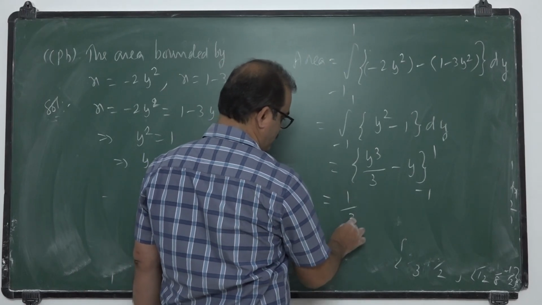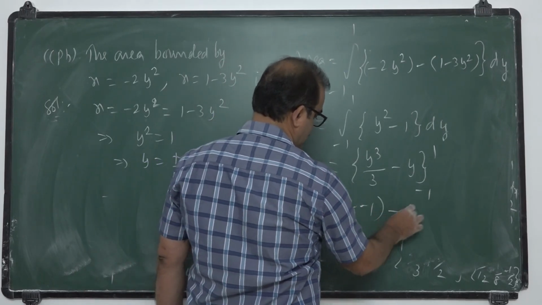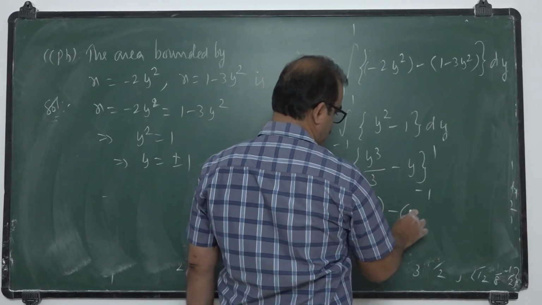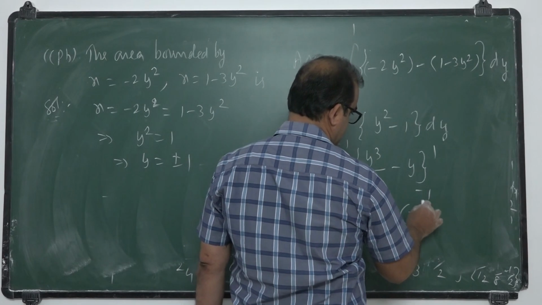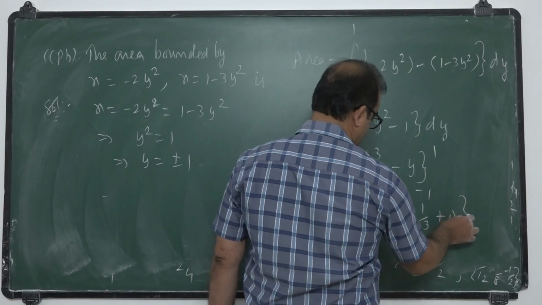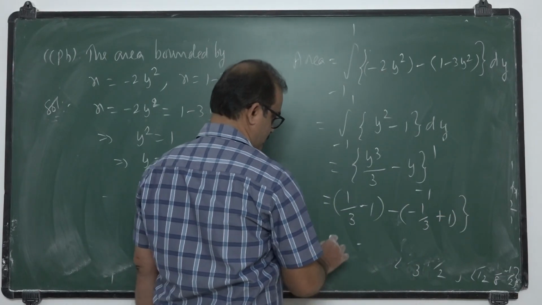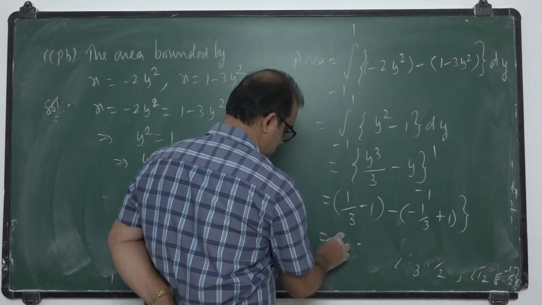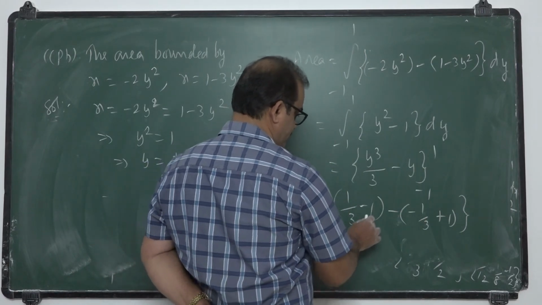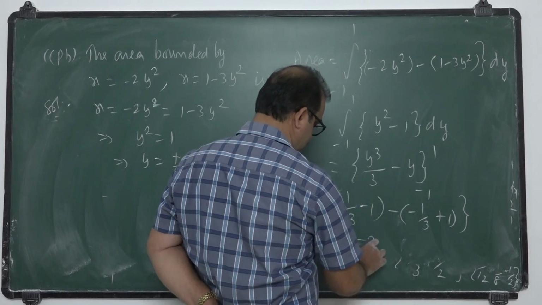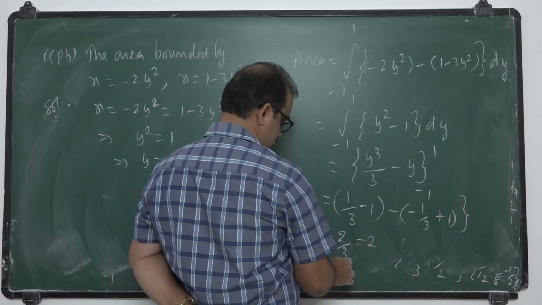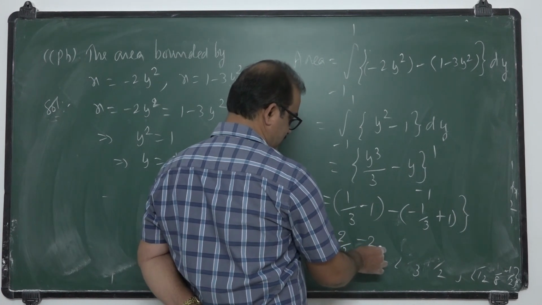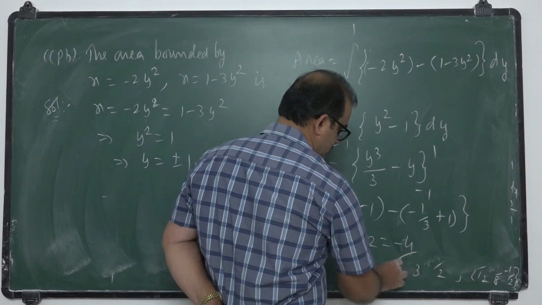Take the upper limit 1 by 3 minus 1, minus of, take the lower limit minus 1 whole cube by 3, minus into minus plus 1. 1 by 3 plus 1 by 3, 2 by 3, minus 1 minus 2. This is 2 minus 6, minus 4 by 3.